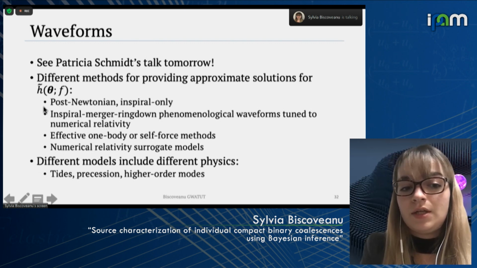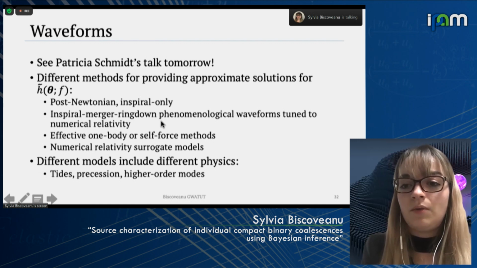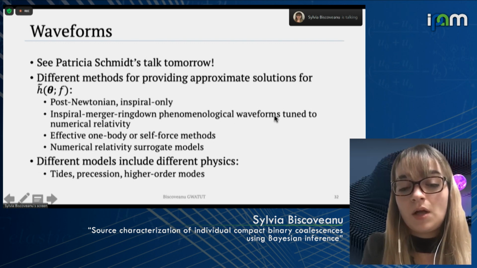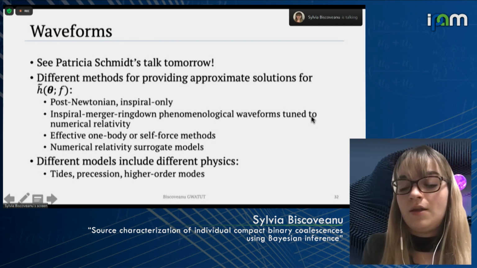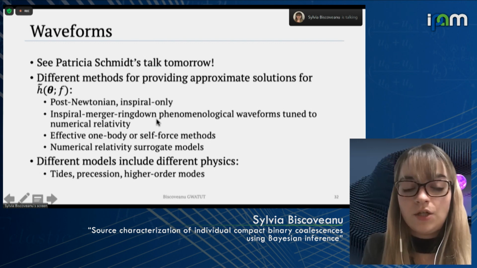The first is just the post-Newtonian inspiral-only waveforms. So in the regime far from merger, this is a decent approximation. Then you have inspiral-merger-ringdown phenomenological waveform models that are tuned to numerical relativity, and these are decently accurate across the 3 stages of the merger.